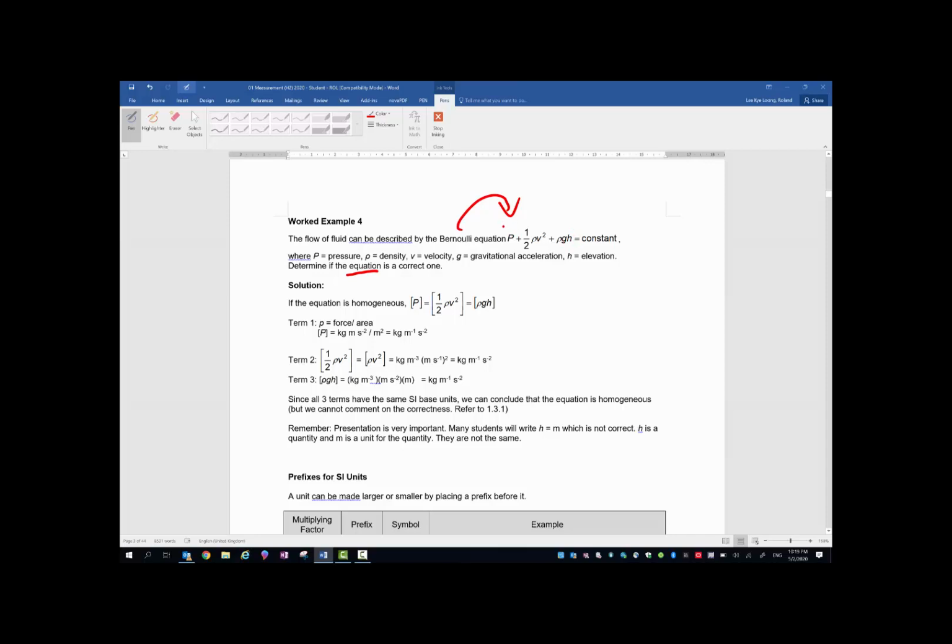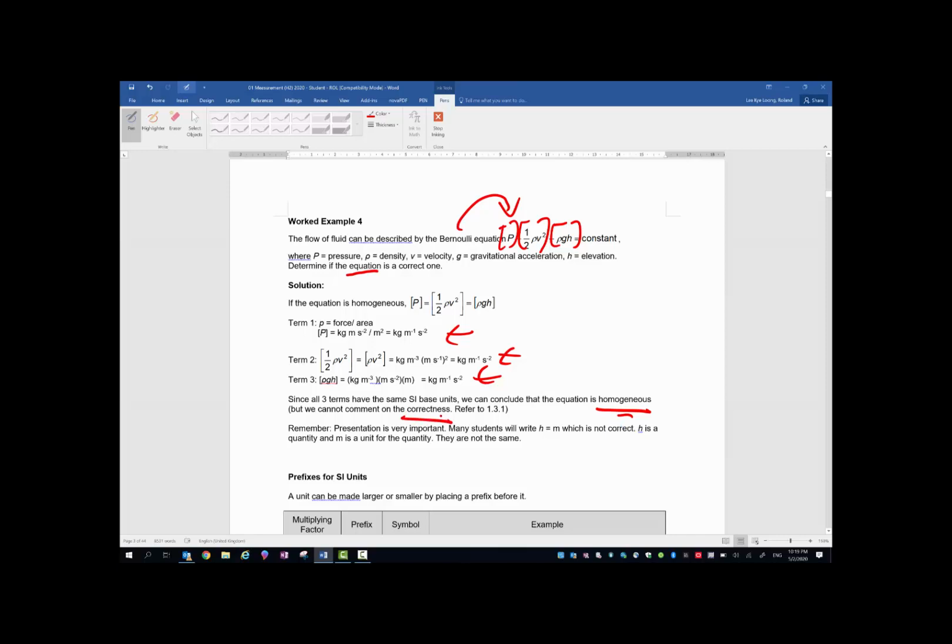So the unit of this, and the unit of this, and the unit of this are similar, so you can test it here. They are similar. So the only thing you can conclude is that the equation is homogeneous, but you cannot comment about the correctness.